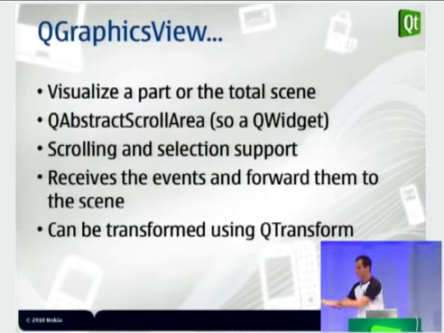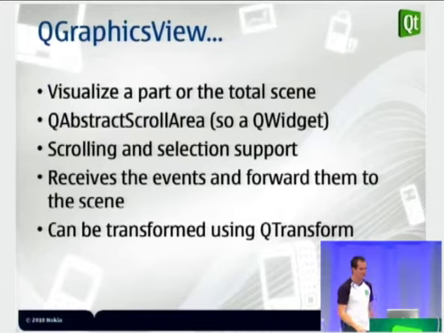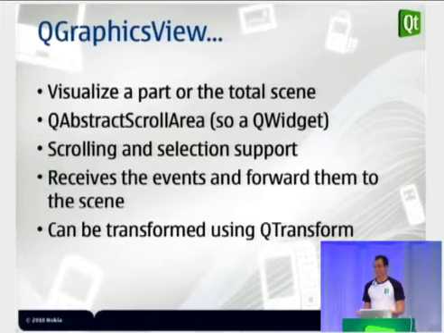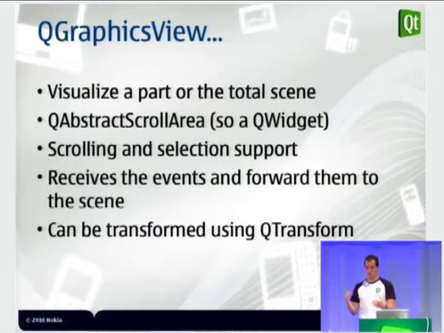It basically sends everything to the graphics scene. The view supports transformations, so you can rotate. You can do everything that QTransform supports, basically: rotation, scaling, and so on. So you apply it on the view and not on the scene, right?